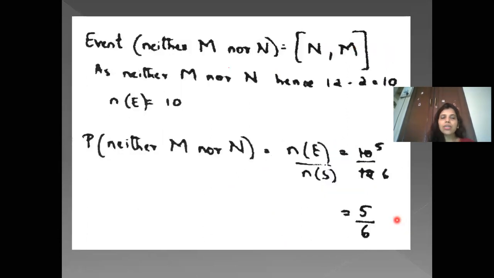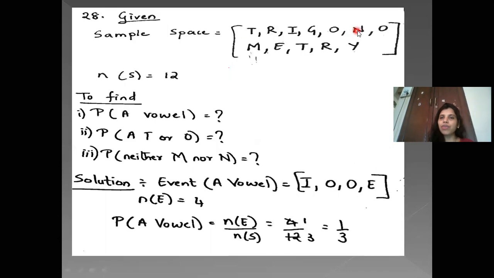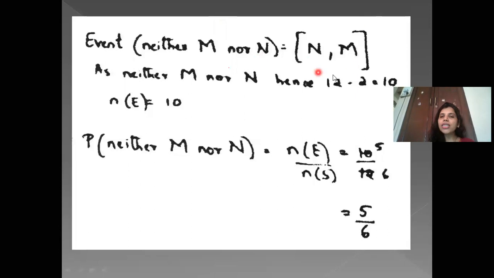After that, the event is neither M nor N. Neither M nor N means you want to delete these possibilities. In the word trigonometry, when we have listed, there is 1 M and 1 N. So we want to delete these.